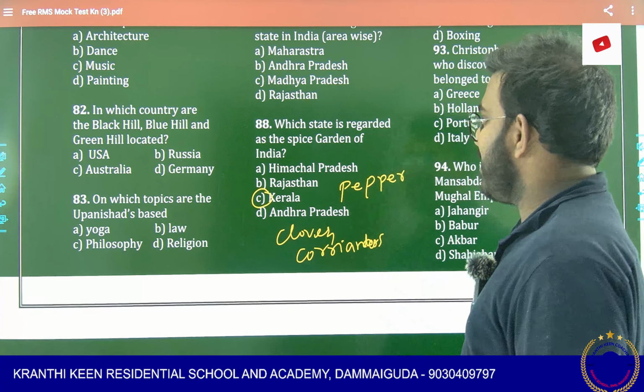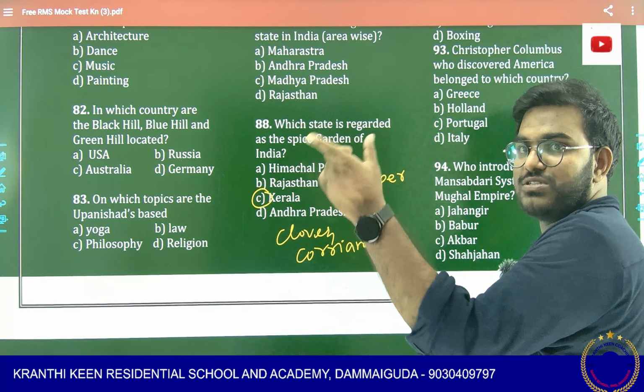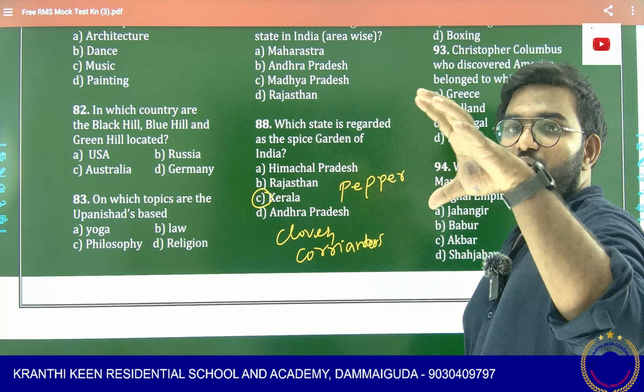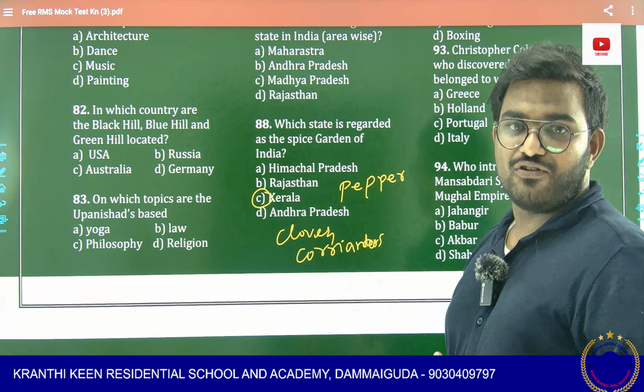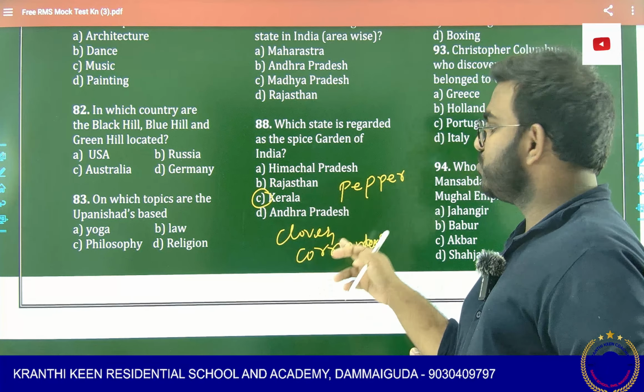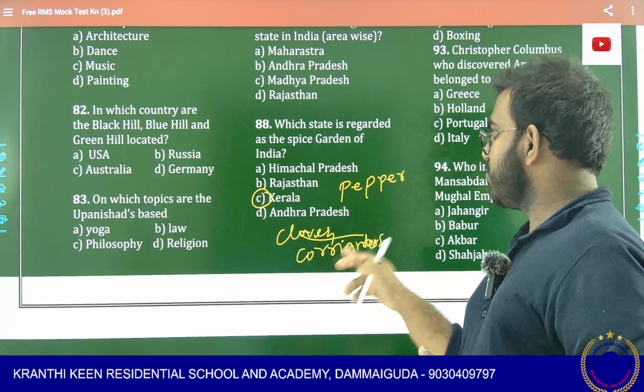Do you know that in Kerala every house has its own fields, and they use them to produce cloves, coriander, and pepper. They use pepper as much as possible. Why? Because the atmosphere in Kerala is suitable for the production of spices.